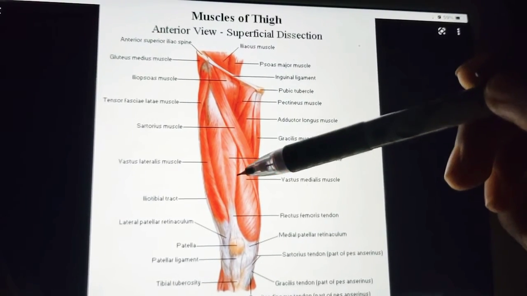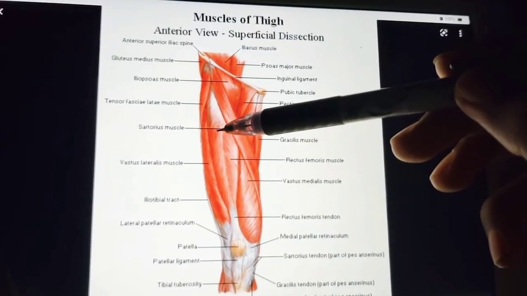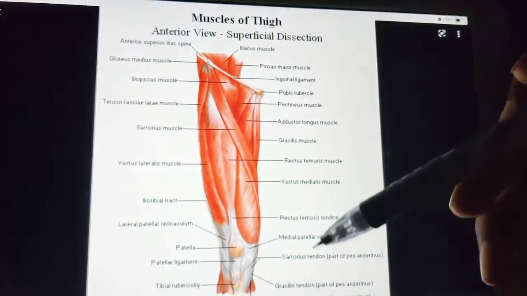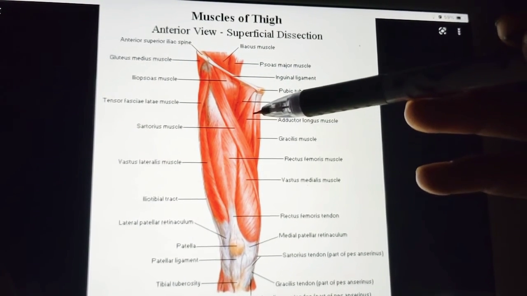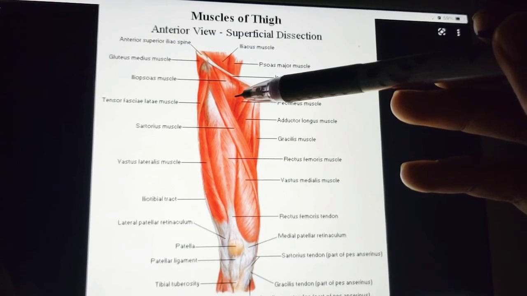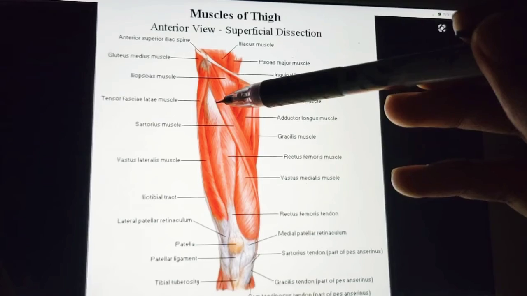Vastus medialis, lateralis, intermedius, and also rectus femoris. Rectus femoris origin we know already, it's coming from our iliac bone, the straight head from the anterior inferior iliac spine, and the reflected head just above the acetabulum, right?